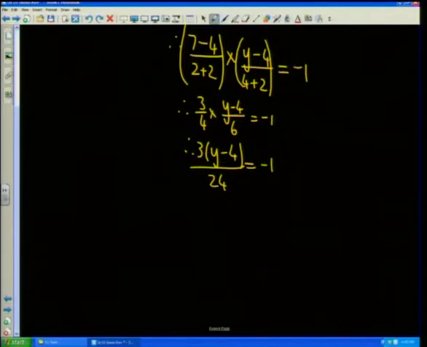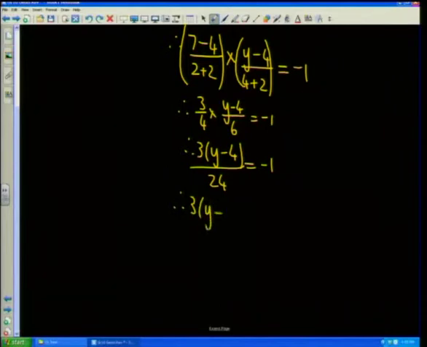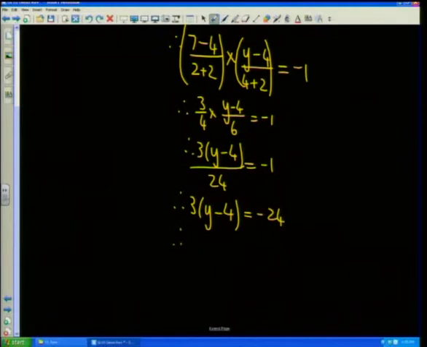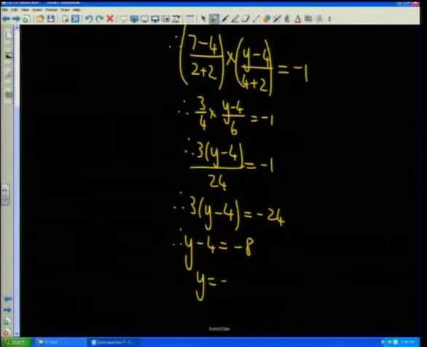So now it's over to algebra again. If I multiply the 24 across, I get 3 times (y minus 4), and notice I'm still not multiplying it in. That gives me minus 24, and now I can divide the 3 away. I get y minus 4, which is minus 8, and all that's left now is to kick the 4 over, and I get that y is indeed minus 4.